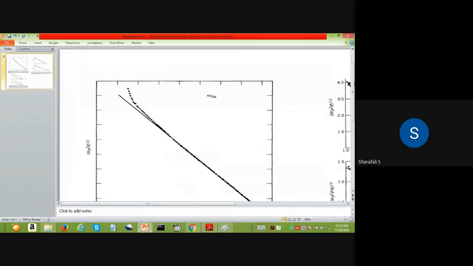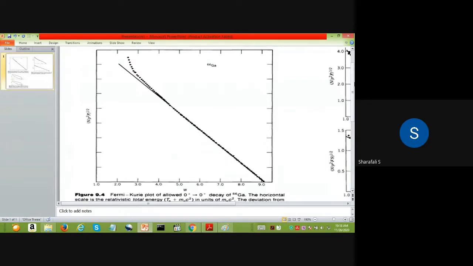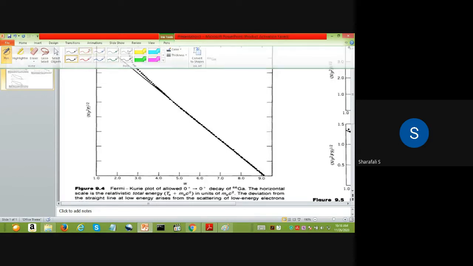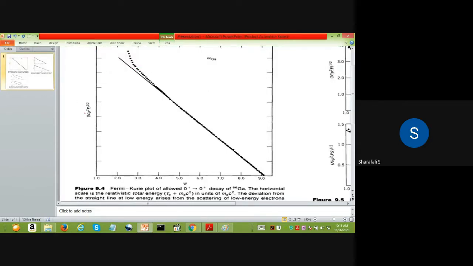From this curve for gallium, you can see in this first figure, this side we have the root values that we have shown in the theoretical part, root of N by p square f. Here we have written N by p square f to the power 1 by 2, and here we have the energy term.